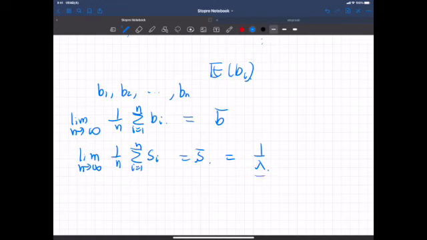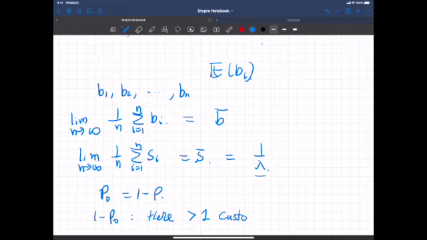And remember, the probability that there are no customers is P0. And what was it? It was 1 minus rho, right? And so the probability that there are more than 0 customers is rho. So rho is the probability that there are more than 0 customers in the queue.